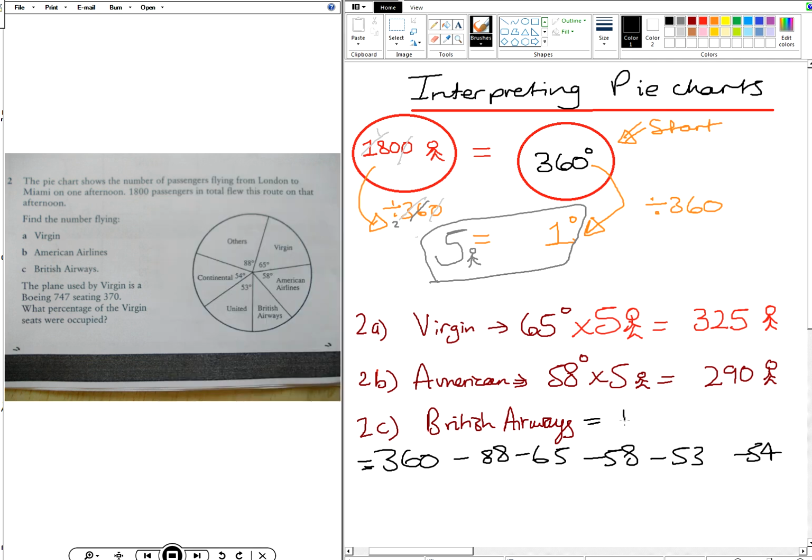So now you know the British Airways is worth how many degrees? 42 degrees. So we get our 42 degrees, and we multiply that by 5 people. What do you get?